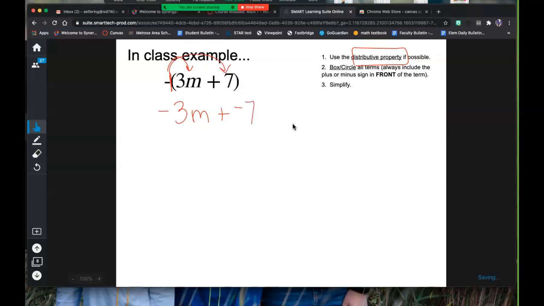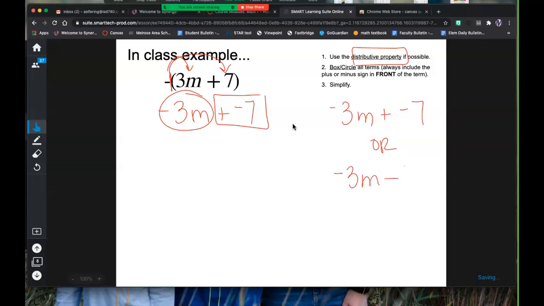There's my answer. I could go through and circle and box, but this would be a circle and this would be a box. So they're different terms. So my answer is just -3m plus -7, or I could write it as -3m minus 7.